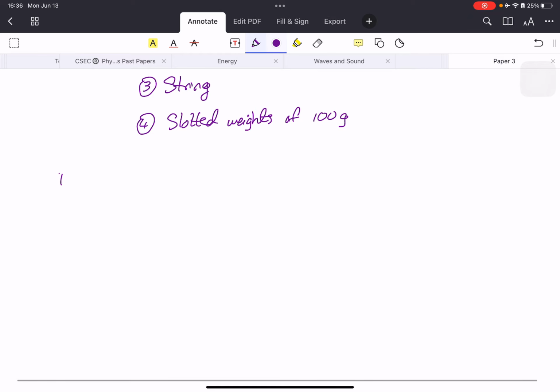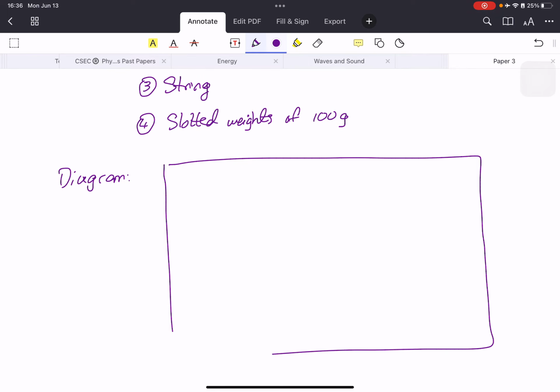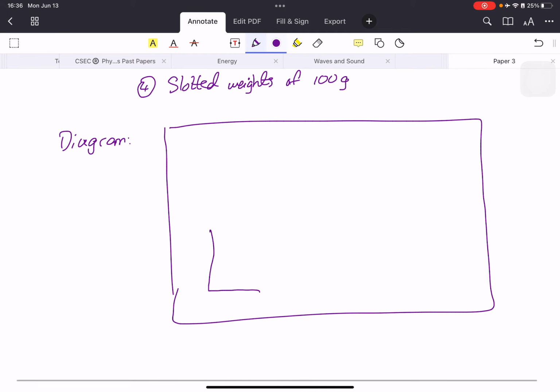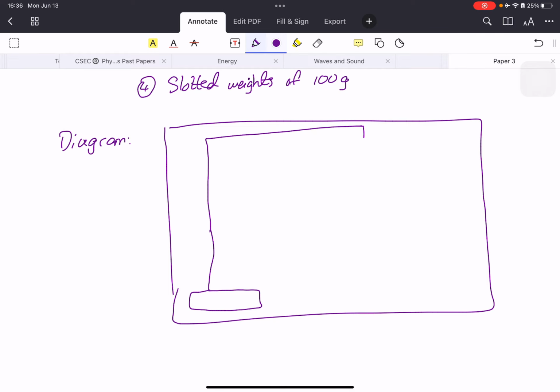So your diagram, how are you going to set up this experiment? So you have your box here. Alright, so this is your retort stand on the ground here. So that's your retort stand, and let me use a different color for the meter rule, right?